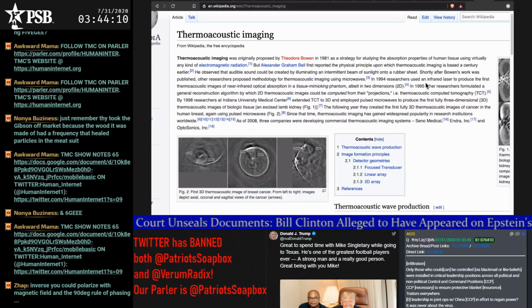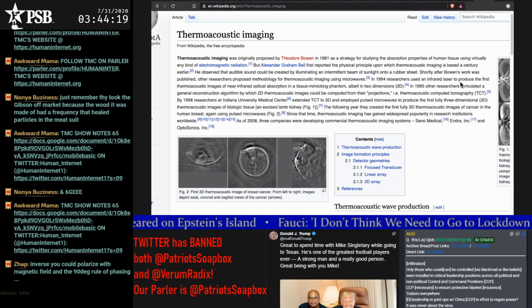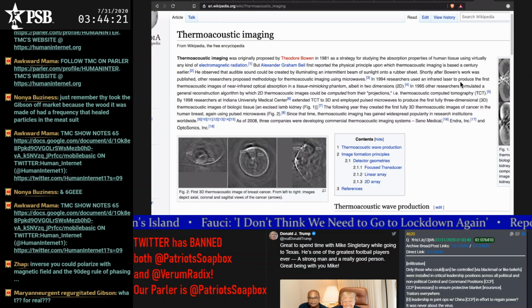In '94, researchers used an infrared laser. Oh, an infrared laser. Hashtag Face ID. Apple, 30,000 lasers to measure your face. Infrared lasers to produce the first thermoacoustic images of near-infrared optical absorption in tissue.